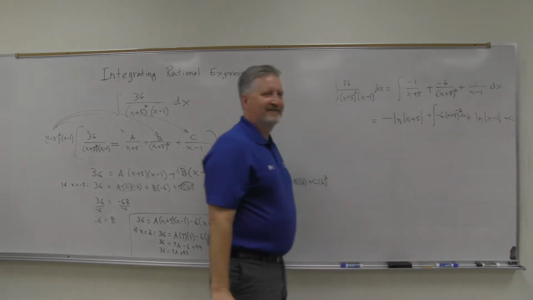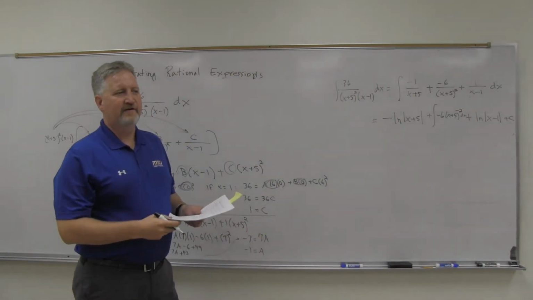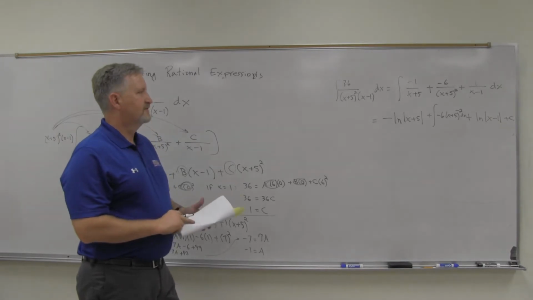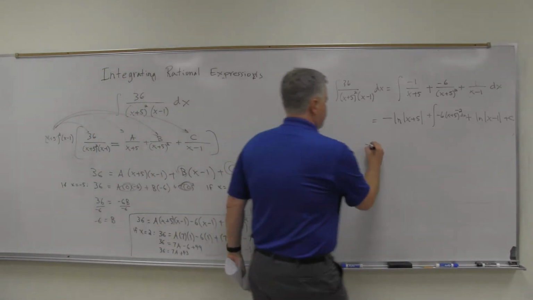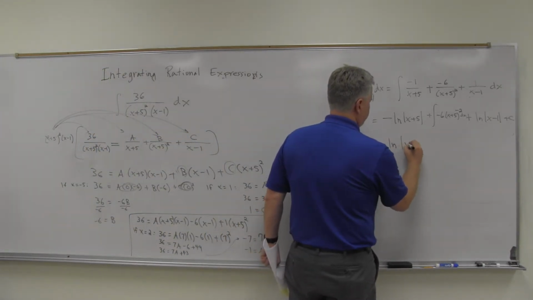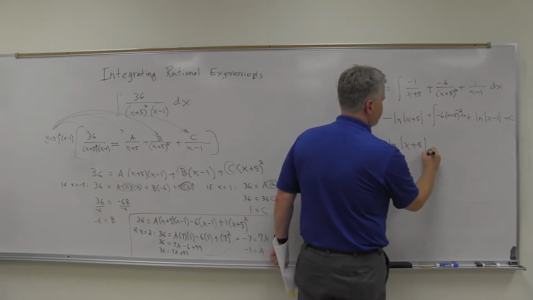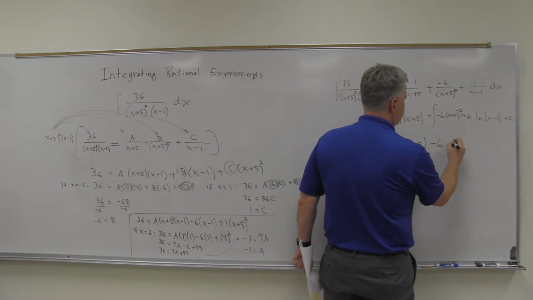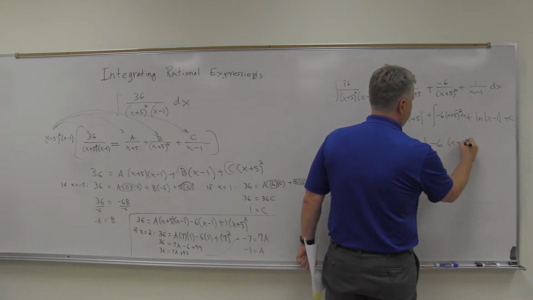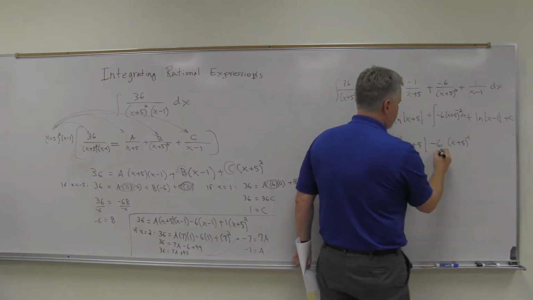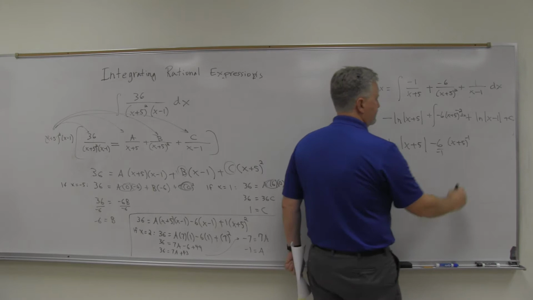Negative 2 power. Yeah, that's just going to be power rule. You can go through it if you want to, but it's going to be negative ln absolute value of x plus 5. That'll be minus 6. That'll be x plus 5 to the negative 1. That would be divided by the negative 1.